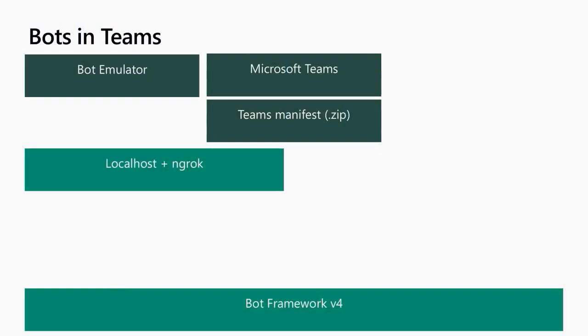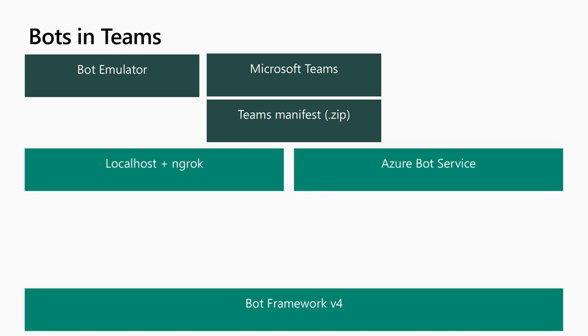Once you have that, you can run it in the emulator. But for the demos that Nick's going to do later, we need to get this bot in Teams. And to get a bot in Teams, you have to create a manifest. We'll show you that in App Studio in a moment, of how you hook up a bot to a running service. Now, Microsoft Teams doesn't have access to my computer, doesn't have access to Nick's computer.